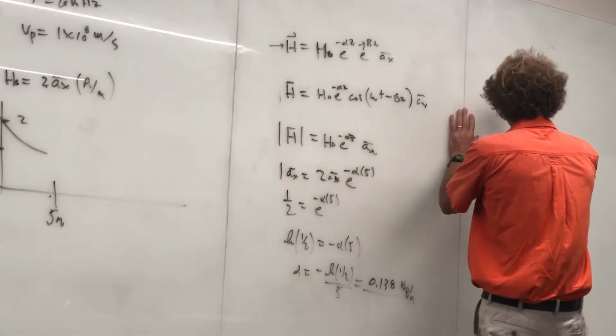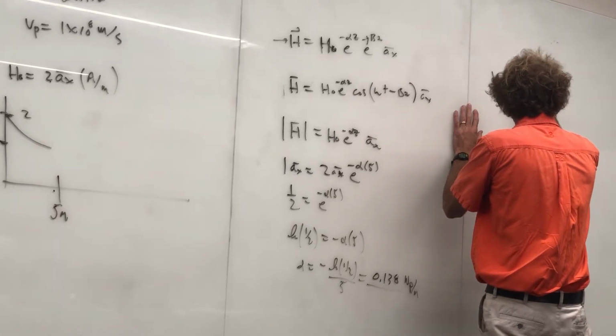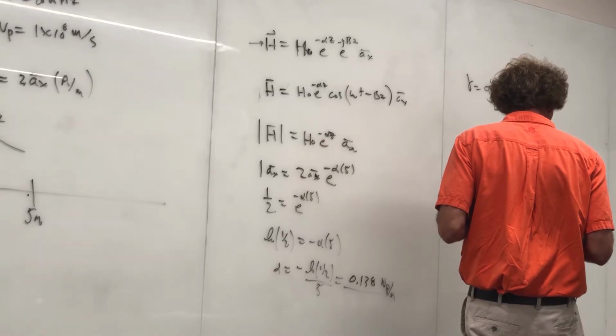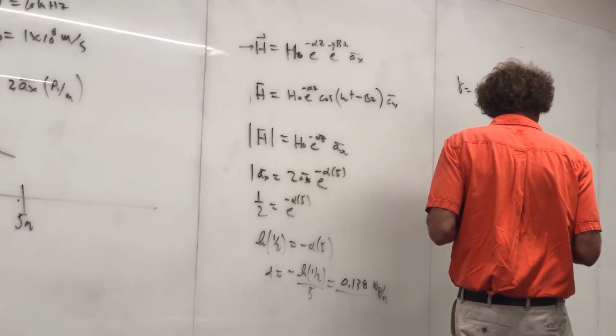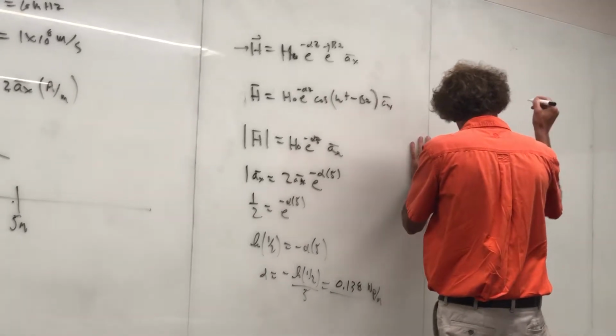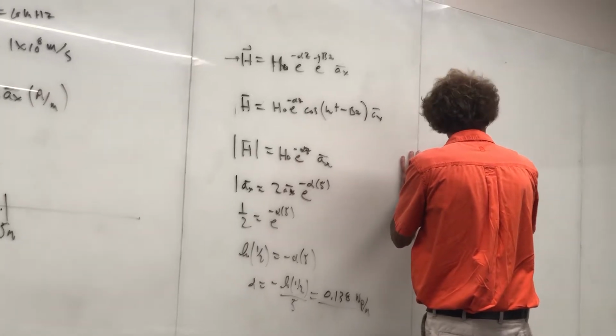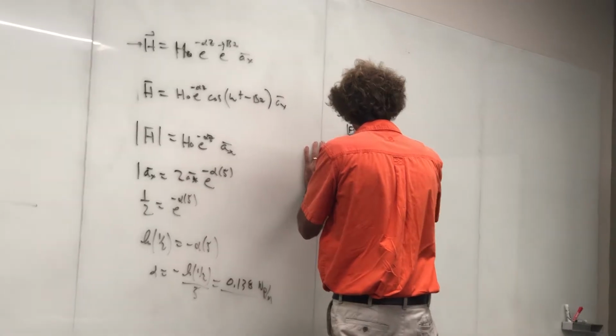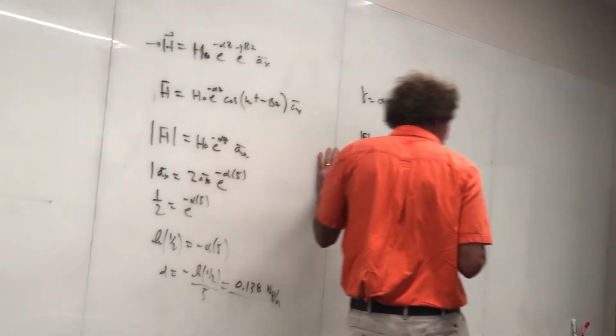We have gamma equal to alpha plus j beta, and when we get the ratio of E to H, magnitude, that's eta, right?